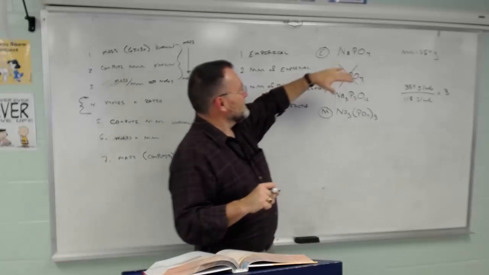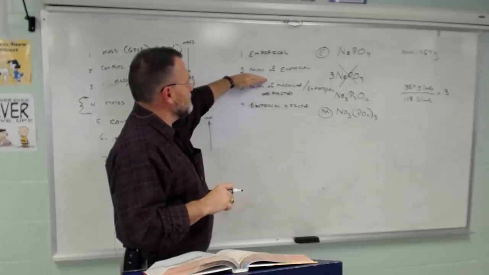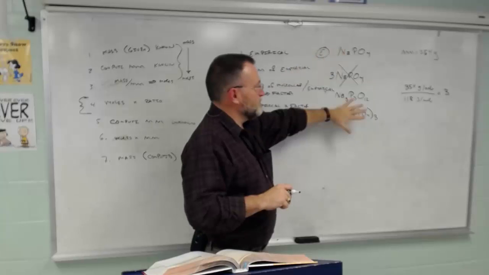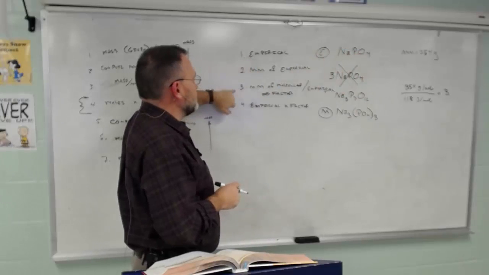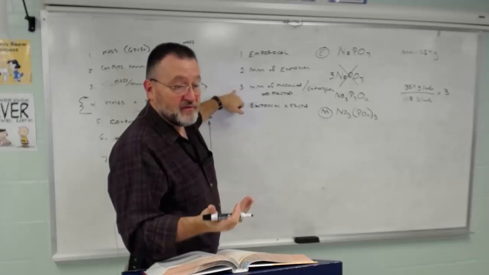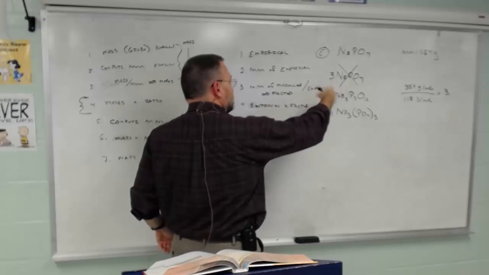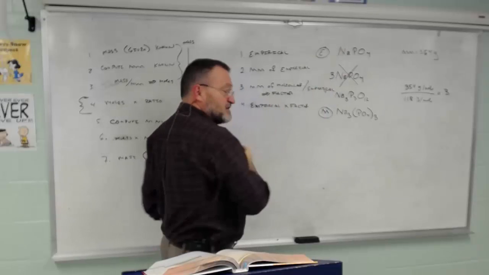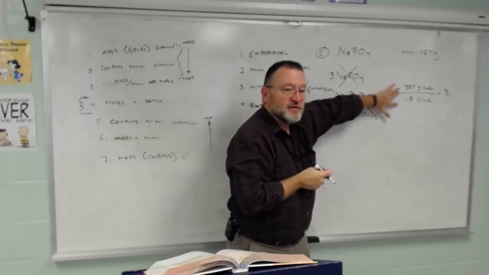Okay, so we've given an empirical. We compute the molar mass of the empirical, which we did before as being 118. We take the molar mass of the actual molecule that we've been given in the problem, divide it by the molar mass that we've computed for the empirical, and that gives us a factor. In this case, the factor was 3. Right here, this is that step.